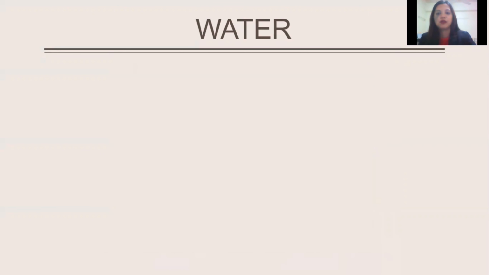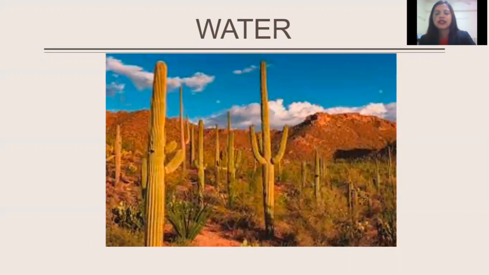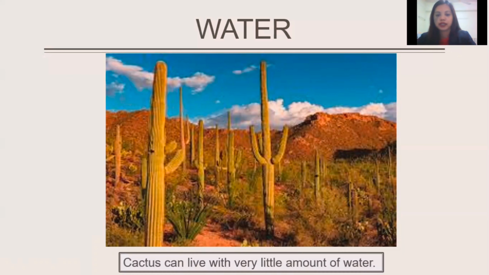Great. Now, how about the interaction between the cactus and the water? Do you think a cactus needs a lot of water? No. A cactus can survive with a very little amount of water.